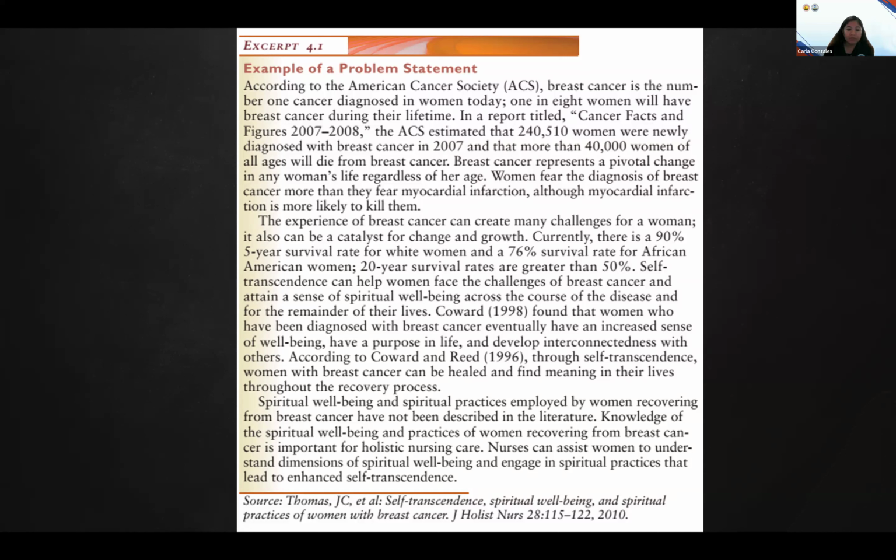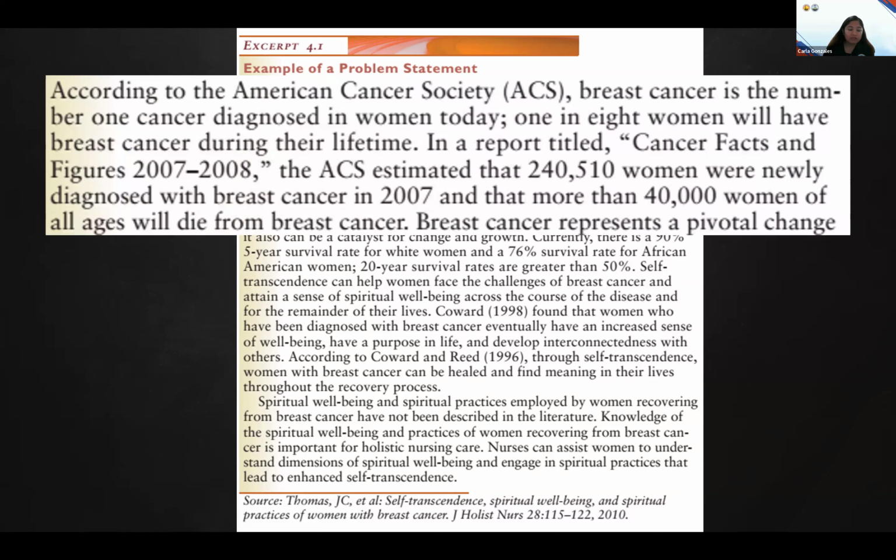In this excerpt, you can pause this video and try to read the paragraphs first, and you will be able to identify this part. According to the American Cancer Society, breast cancer is the number one cancer diagnosed in women today. One in 8 women will have breast cancer during their lifetime.